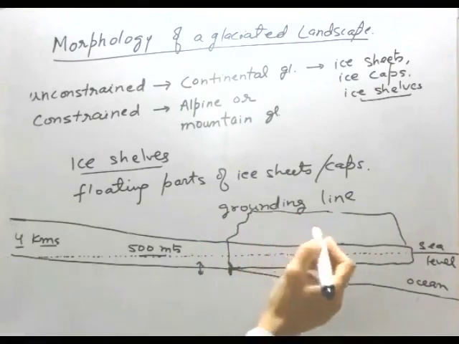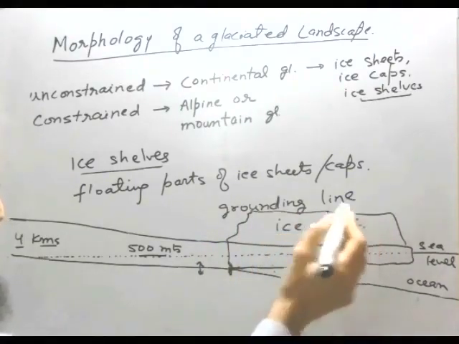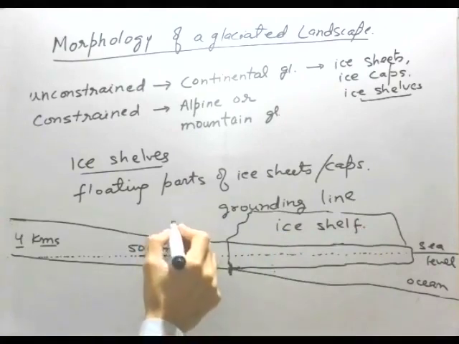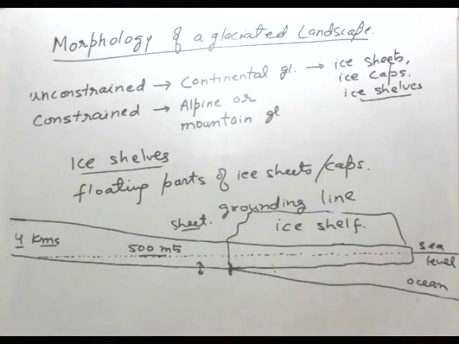So this portion we will say is the ice shelf, the floating part, and here is the sheet that is in contact with the ground. Now, because this ice shelf is floating in the ocean, it will be affected by tides.